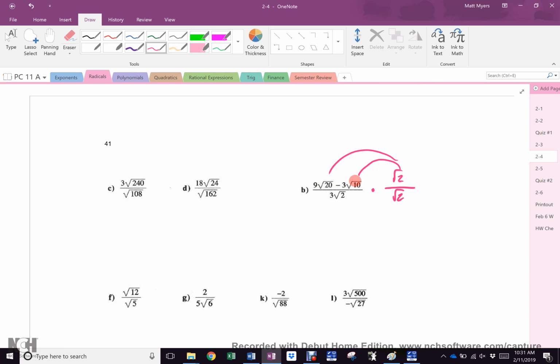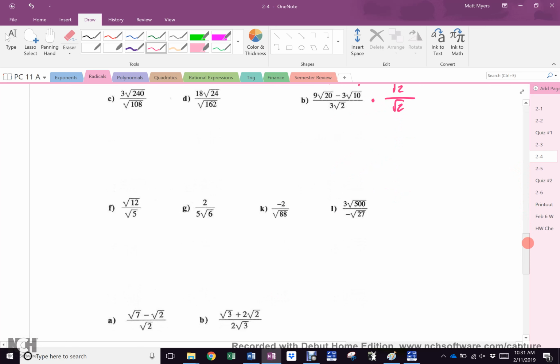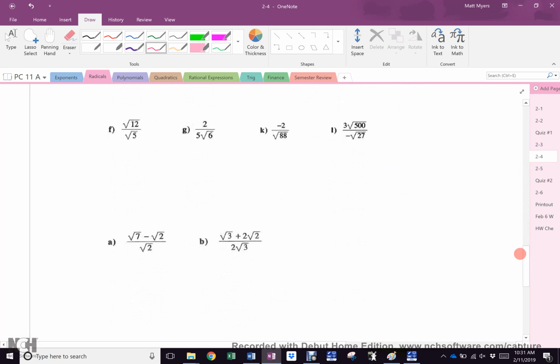Everybody good? What do you got to be on the lookout for in K? The negative sign. What do you got to look out for in L? The negative. What do you got to look out for on A and B at the bottom here?